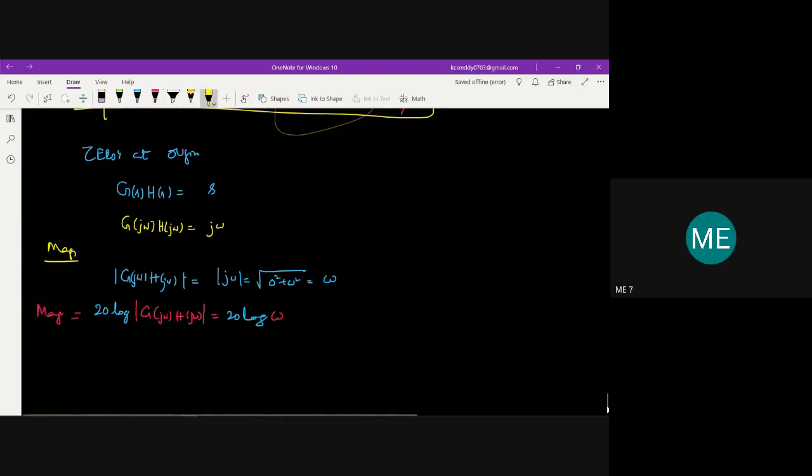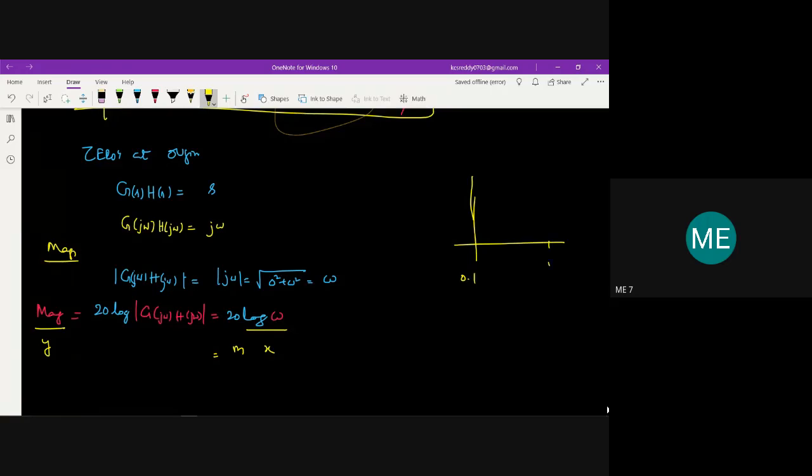Say this magnitude represents y, and say this is x, then y is equal to mx. It's a positive slope. Positive slope in the sense the line will be an increasing trend, whereas in the case of poles, it is a decreasing trend. And then say this is 0.1, and say 1, and say 10. And this is say 0 dB.